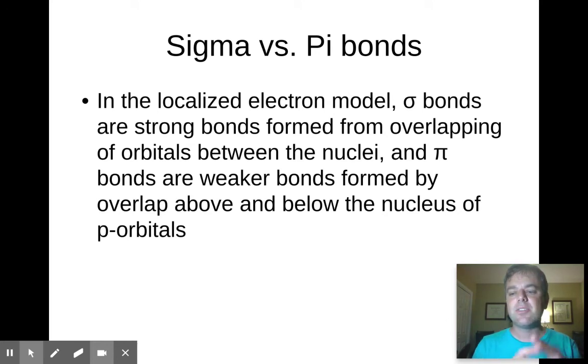So when we make these hybridized orbitals, or if we're dealing with a very simple molecule that only makes a single bond, like the dihydrogen molecule H2, it's an overlapping of s orbitals. These are very strong bonds. And then the pi bonds are weaker bonds, which are formed by the overlapping above and below the nucleus of the p orbitals.